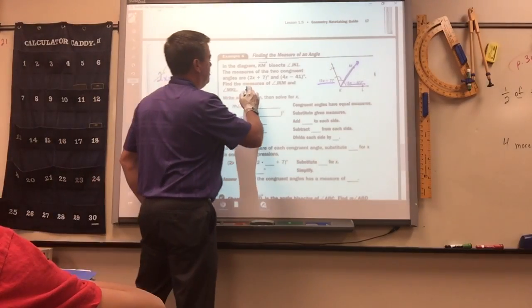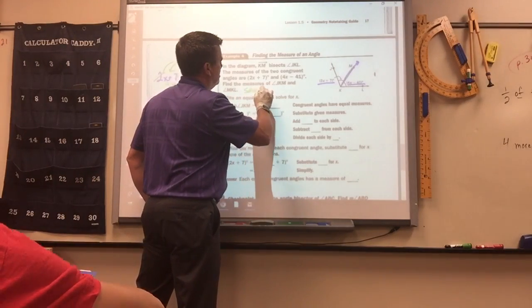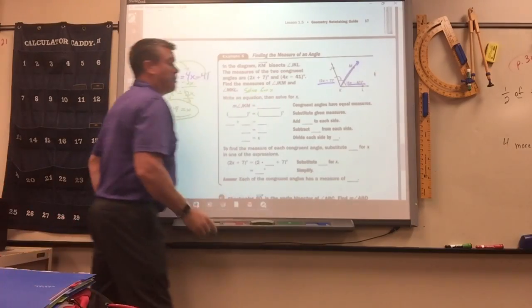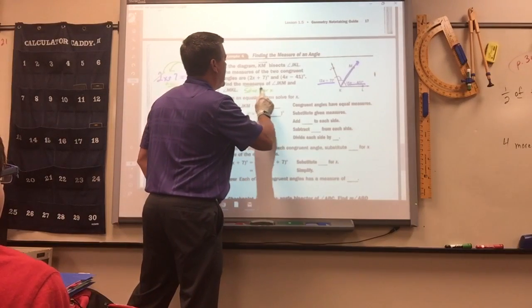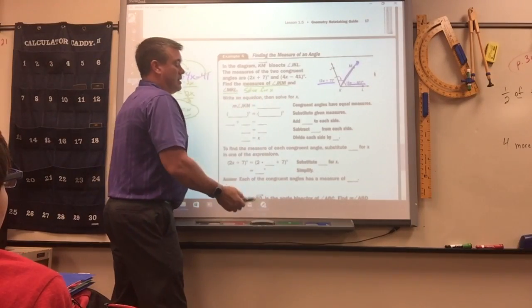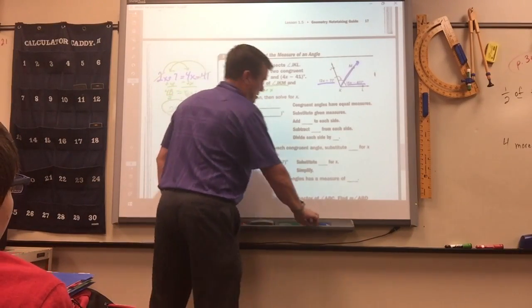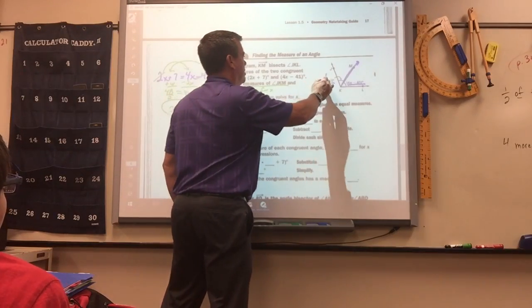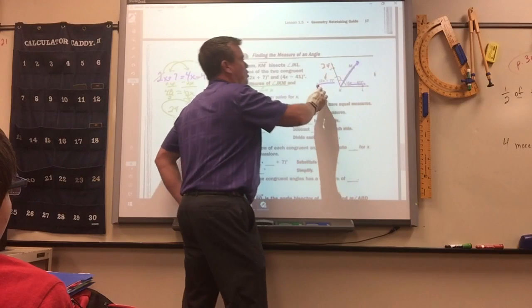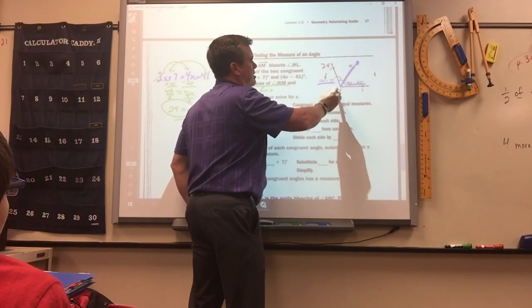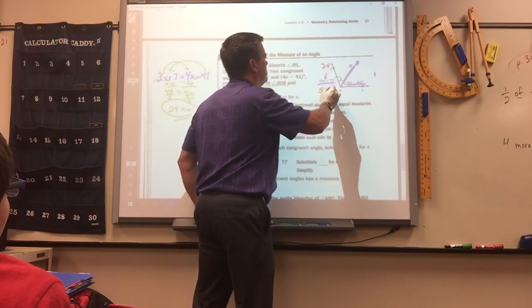Now again, I'll point this out every assignment. Sometimes they say solve for x. So if that's the case, you're done. Sometimes they tell you to find the actual measures. So what you gotta do then is put 24 in there. 2 times 24 is 48, plus 7 is 52 degrees.